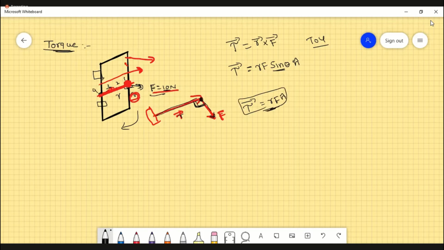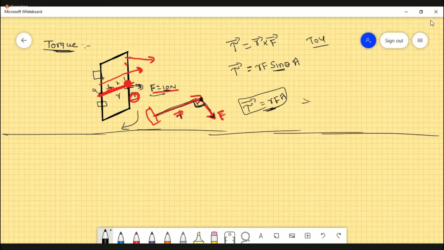So this is the explanation of torque. Did you understand what torque is? Torque is the rotating effect. The SI unit of torque is Newton meter. The dimensions of torque are equal to those of energy.